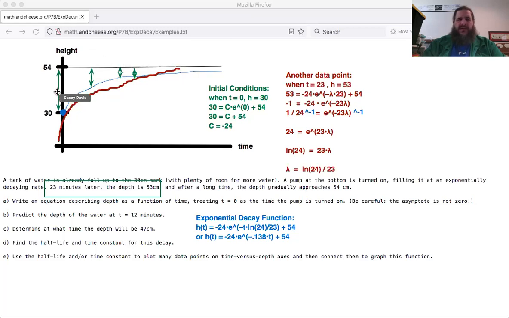So one way you could do this is, well, what's halfway between the initial value 30 and the asymptote 54? Yeah, 42 is halfway between. So you could set H equal to 42 and solve for t. Or as a shortcut, if we were to set H equal to 42, we'd then subtract 54, divide by negative 24, and we would end up with the exponential part has to equal what fraction?